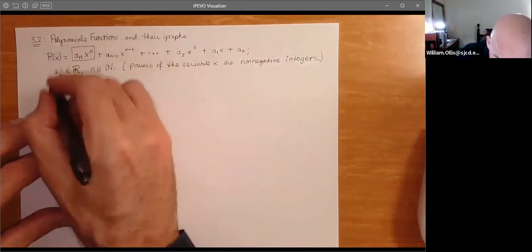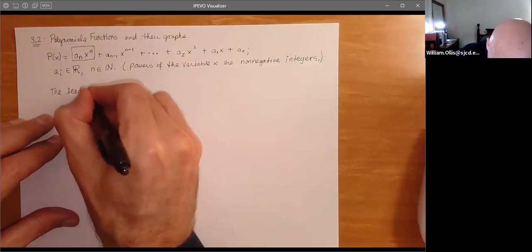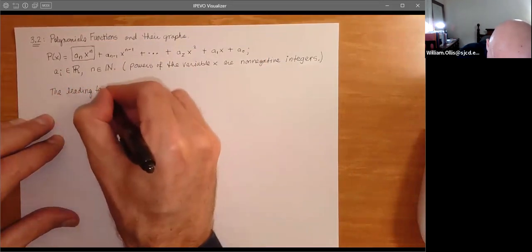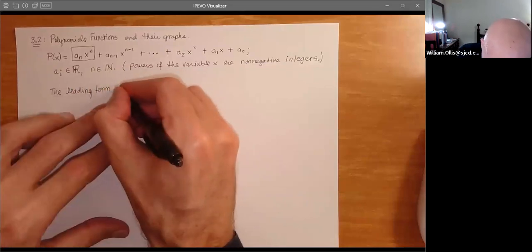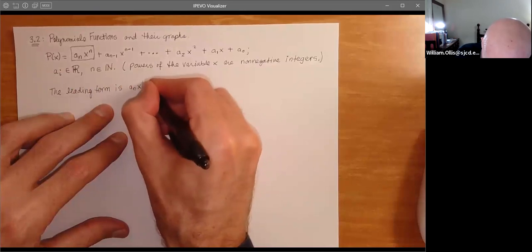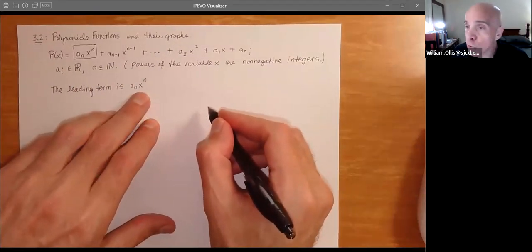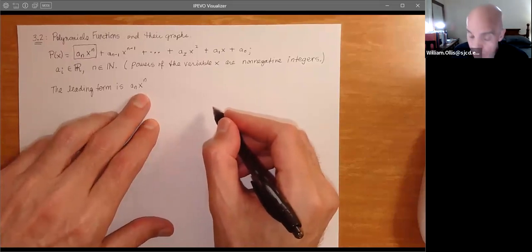It's also the dominant term. So the leading term is a sub n x to the n. Basically, the leading term includes the largest power of x.